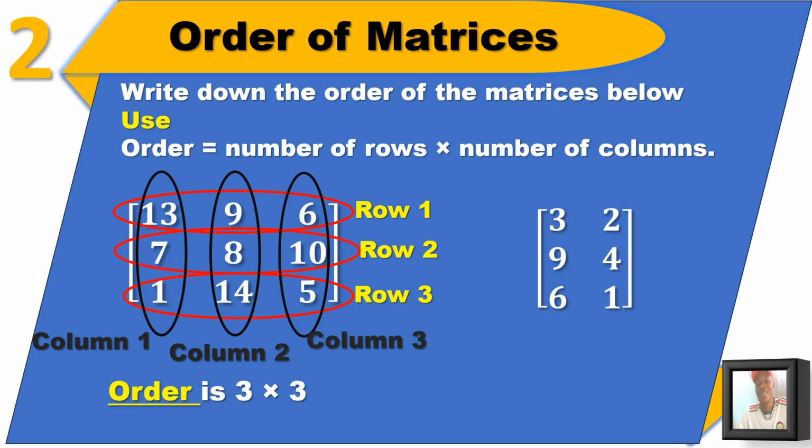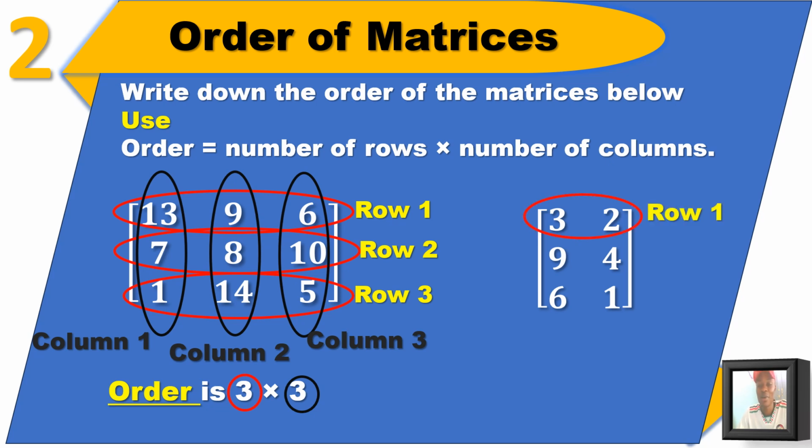So our order is 3 by 3. The number of rows are 3, represented in red rings. And then columns, 3 of them, also in black.